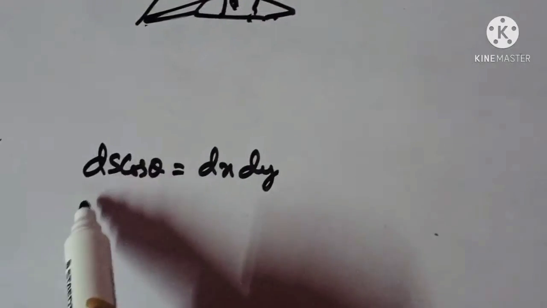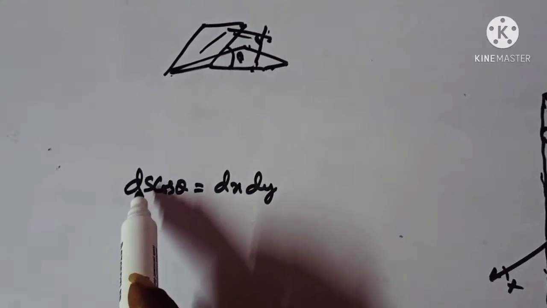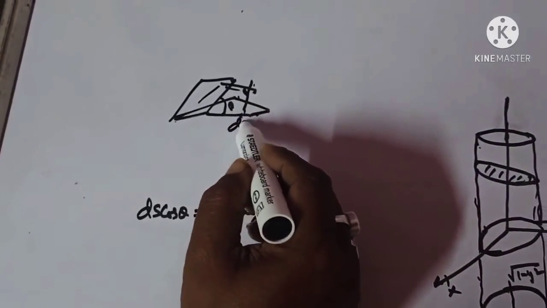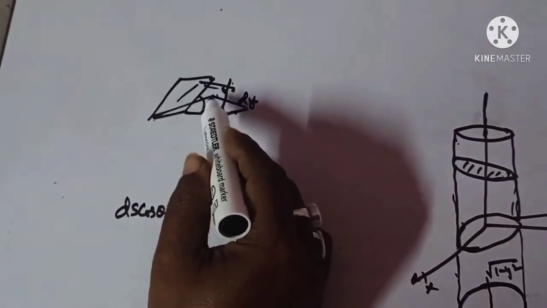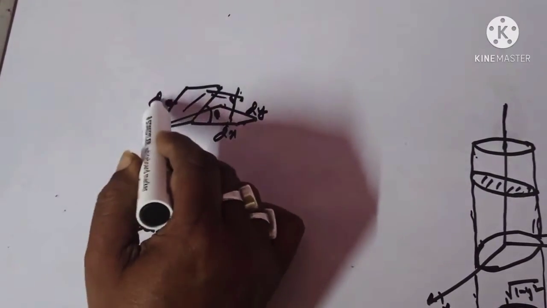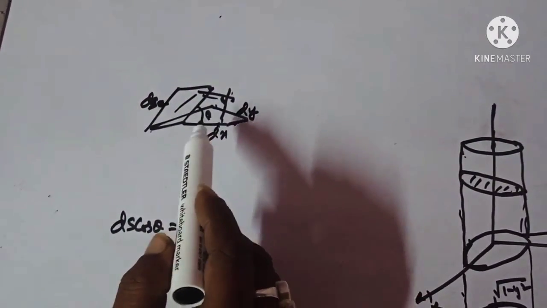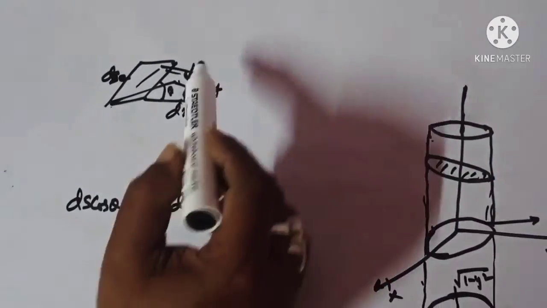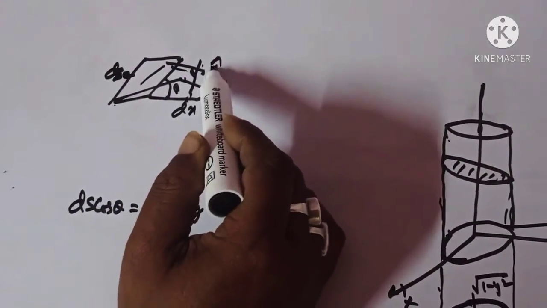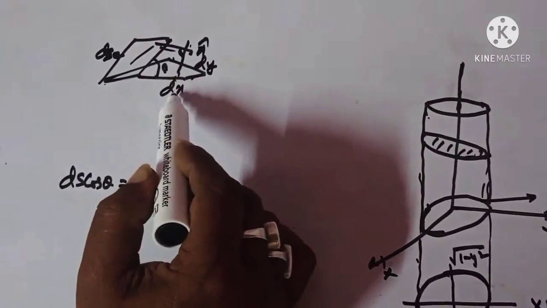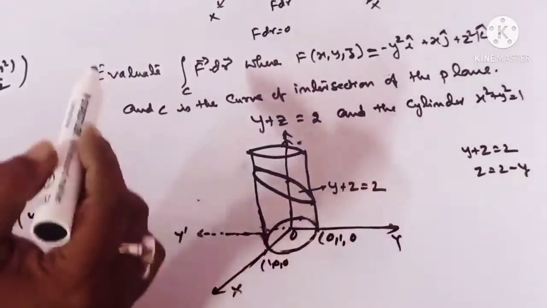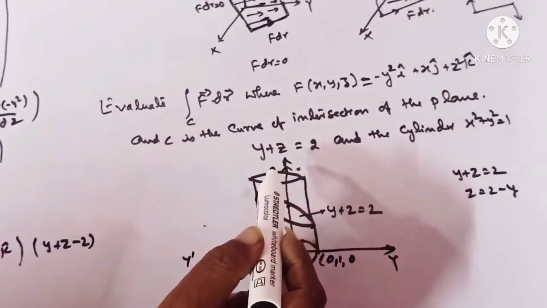Let n cap be the unit vector perpendicular to the ds plane. For dx dy, the x and y plane, the unit vector is k cap.